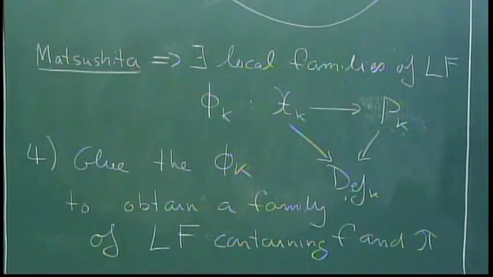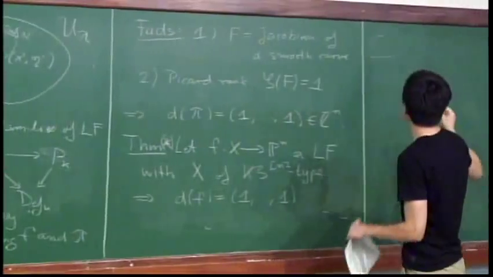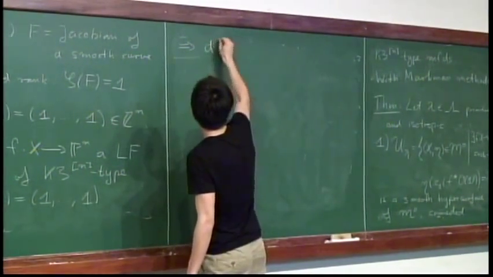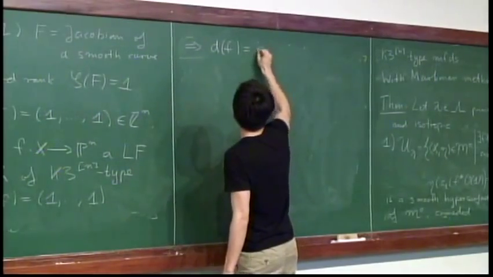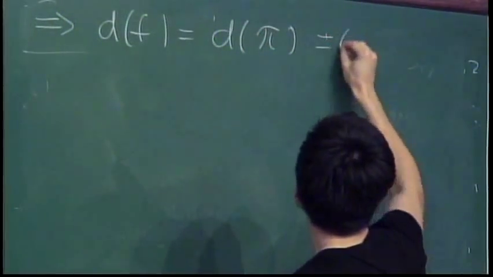So, and then the result which I just erased there implies that the polarization type of f is given by the polarization type of pi, and pi is a Mukai system, so it's principal.